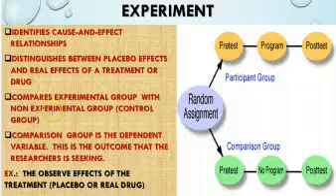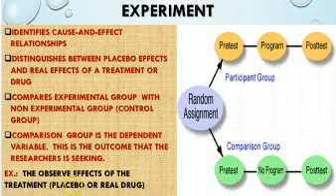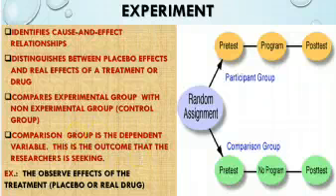And then we can compare the experimental group with the non-experimental group, which is the control group. And the dependent variable is the observed effect of the treatment, the placebo or the real drug. And of course, the dependent variable is the outcome that the researcher is seeking.